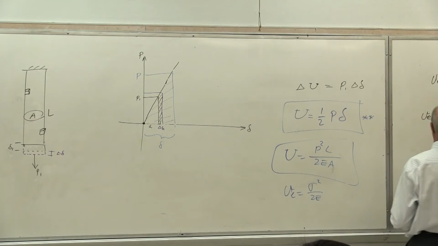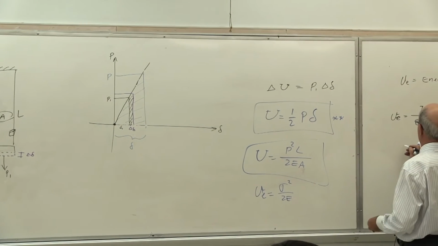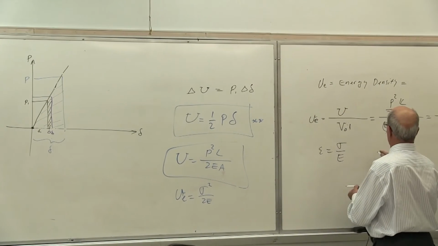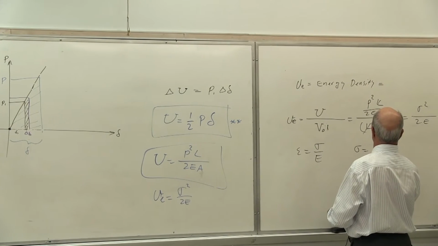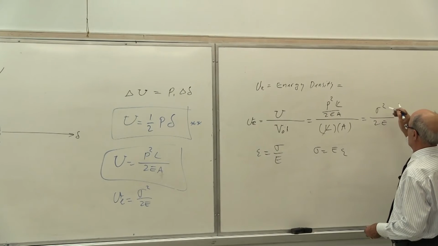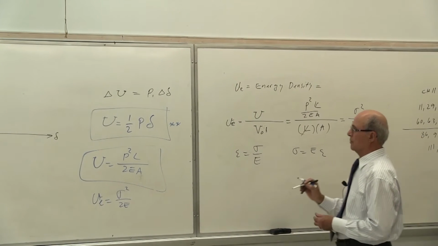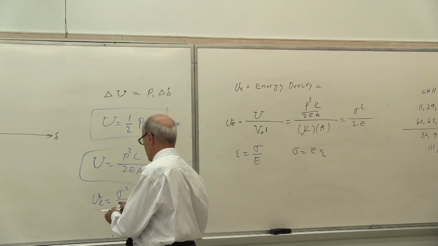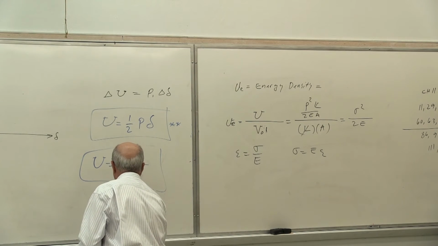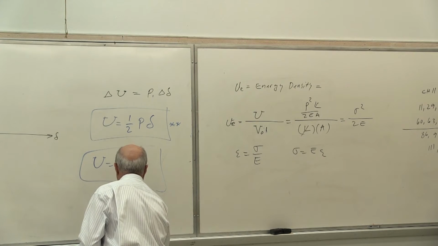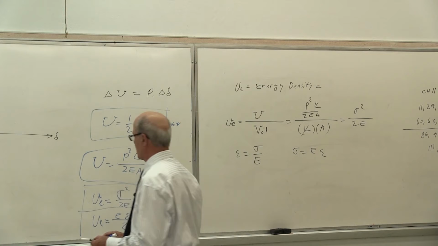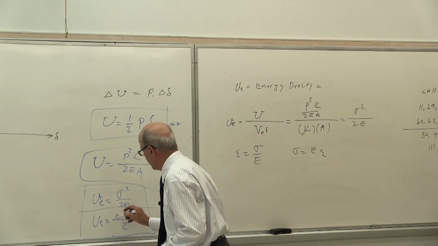However, since we know from Hooke's law that epsilon equals sigma over E, or sigma equals E epsilon, I can put E squared epsilon squared there, eliminate what of that one, and it becomes equal to E times epsilon squared divided by 2. Either of them is acceptable, but we use the first top one because that's the one we have.